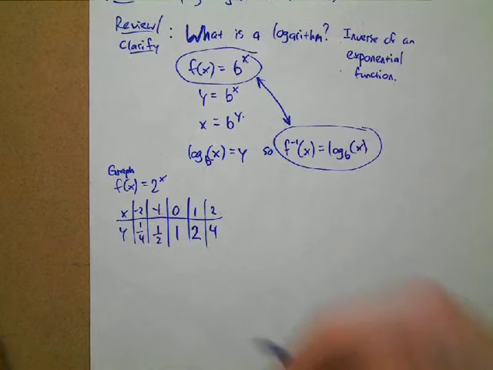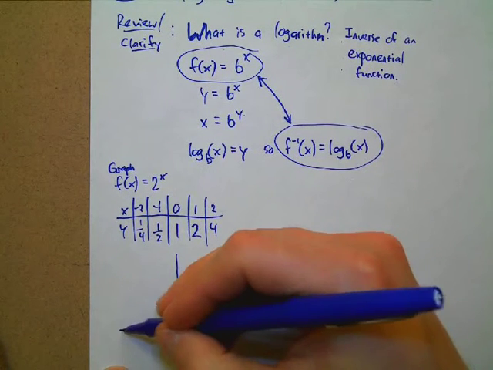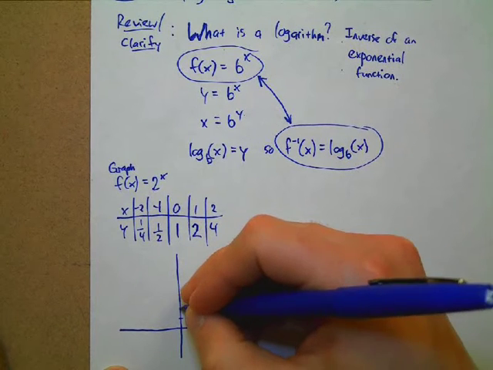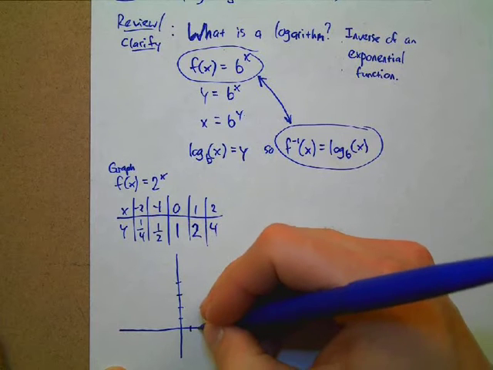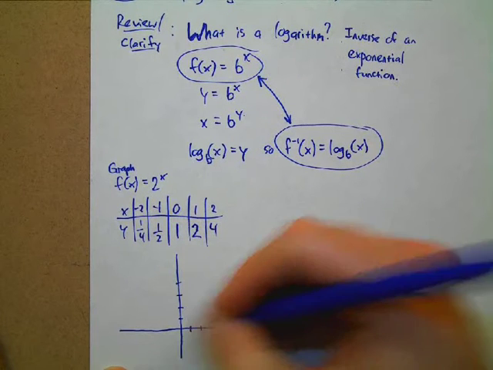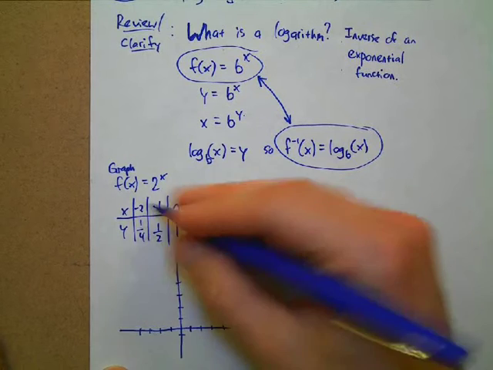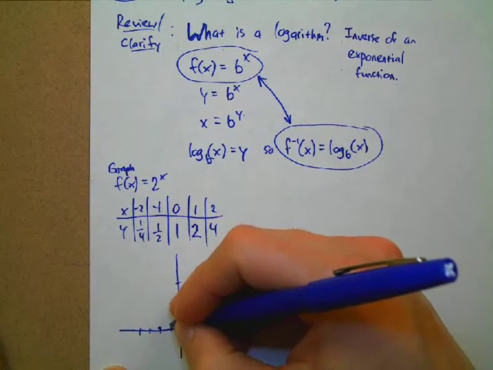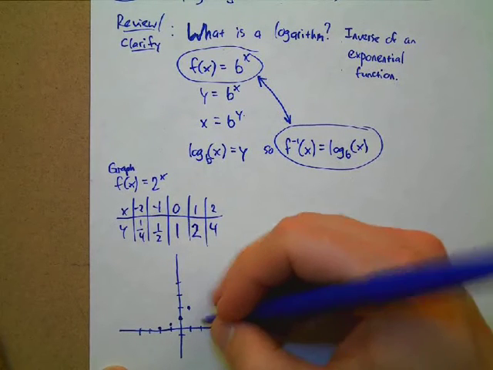Okay, so let's plot these points again. We've done this before. So -2, 1/4, that's really low, and then 1/2 is right there, and then 0, 1, and 1, 2, and 2, 4.